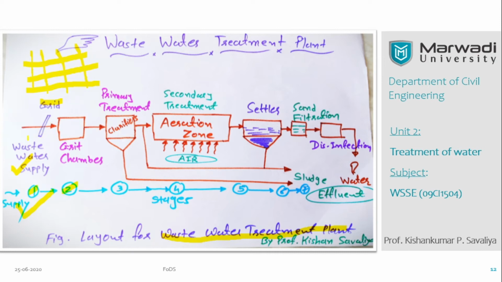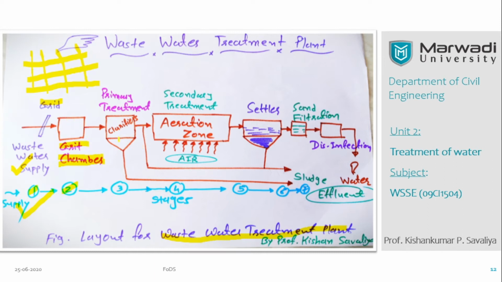Then our wastewater is supplied to the grit chamber. Here, this is our stage number 2. In the grit chamber, the things which are not removed by the grid can be removed. So that is the next procedure for the removal of the solid particles or solid waste.